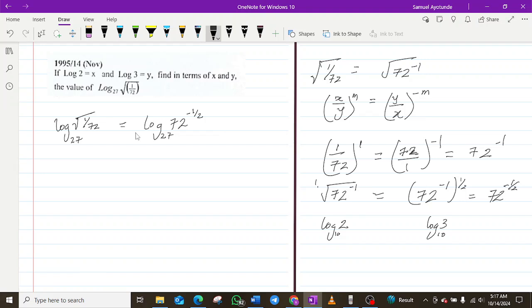So we have log base 10. The argument will become the numerator, while the old base will become the denominator. From here, I can simplify further. Firstly, the power turns to coefficients.